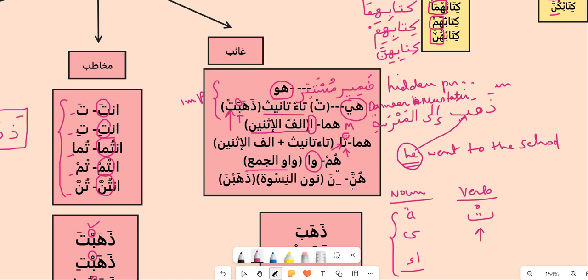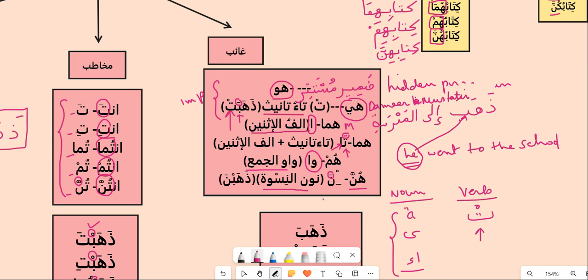When we denote the feminine plural, that is for the ghaibs, it's called noon un niswa. Niswa means plural, niswa means women. And how do you recognize this noon? This noon for mukhatib has a fatha and a shadda, but this noon comes with only a fatha.